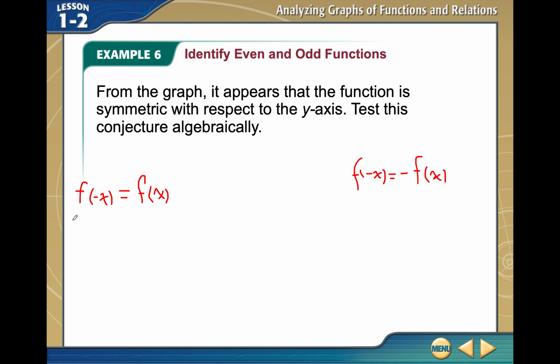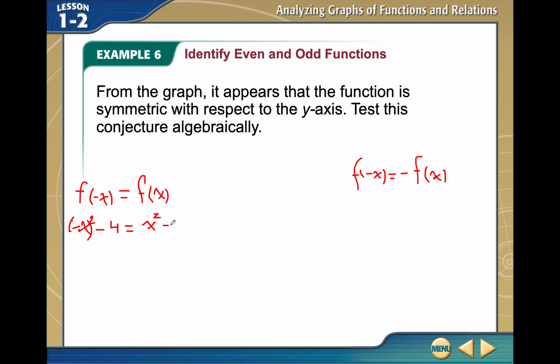In x squared, we will replace x with minus x, so that would be minus x all of it squared, because we're replacing x with minus x, minus 4. Is it equal to f of x? Is it equal to x squared minus 4?